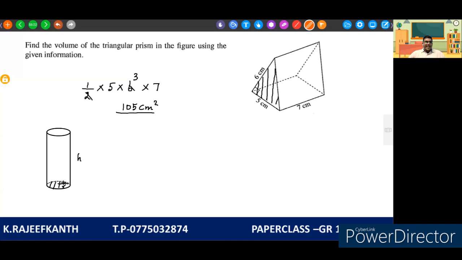This circular face is the cross section. So first we have to find the area of cross section, that is pi r squared. Then we multiply by height. Then only we can get the volume, pi r squared h. Here same thing. The cross section is this triangular face. So first we should find the area of this triangular face. Then we multiply by the height. Then the answer is 105 centimeters cubed.